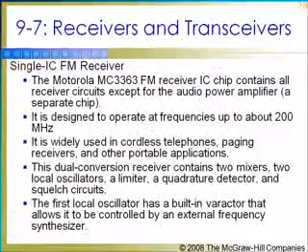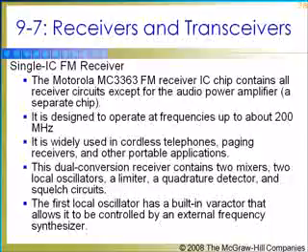The single IC FM receiver. The Motorola MC3363 FM receiver IC chip contains all receiver circuits except for the audio amplifier, which is a separate chip. This is designed to operate at frequencies of up to about 200 MHz. It is also widely used in cordless telephones, paging receivers, and other portable applications.